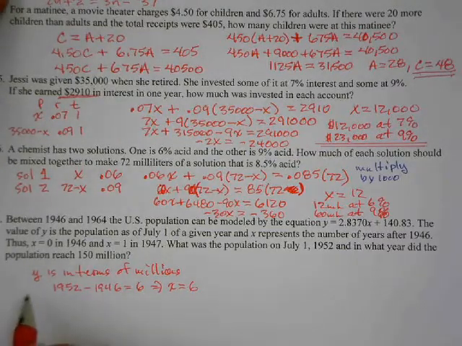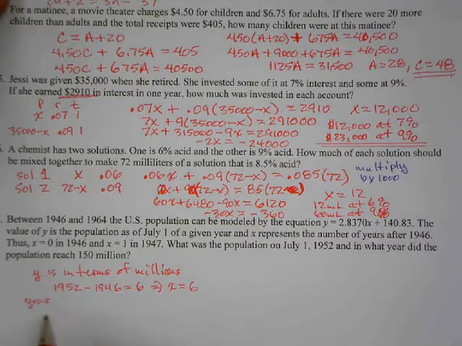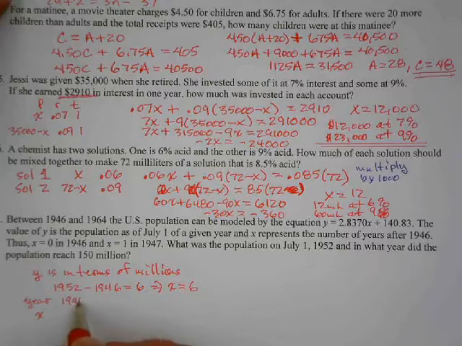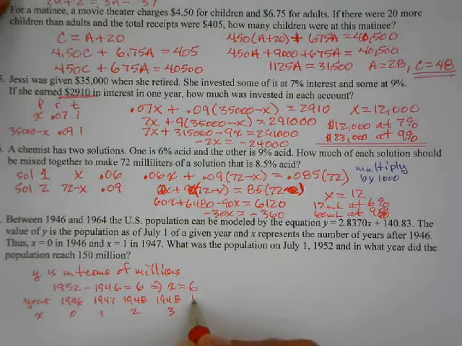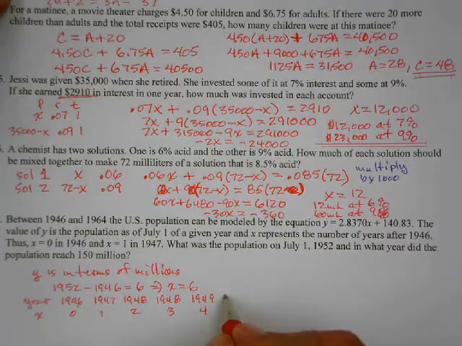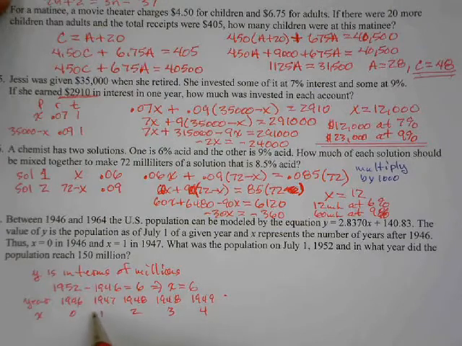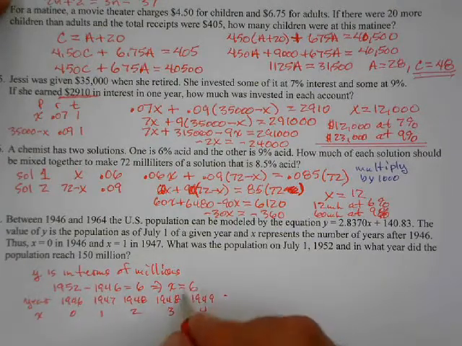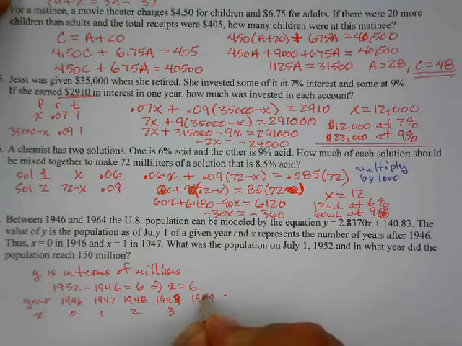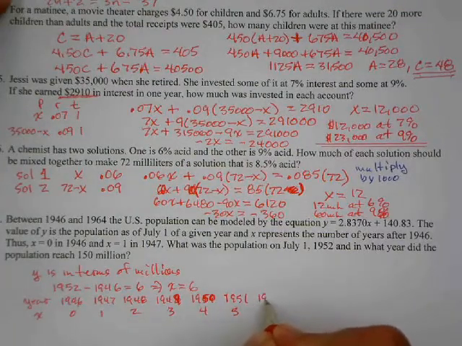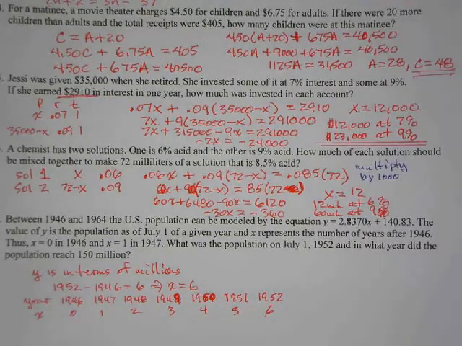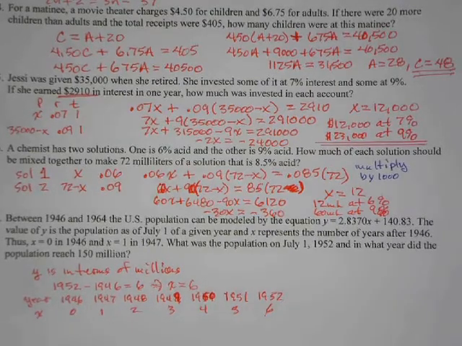So 1946, that was 0. 1947, that was 1, and so forth. 1951 is 5, and 1952 is 6. Now, if you were doing 30 or 40 years, that probably is not very practical, but you can do that to help you keep things straight, especially when you don't want to include the first year.